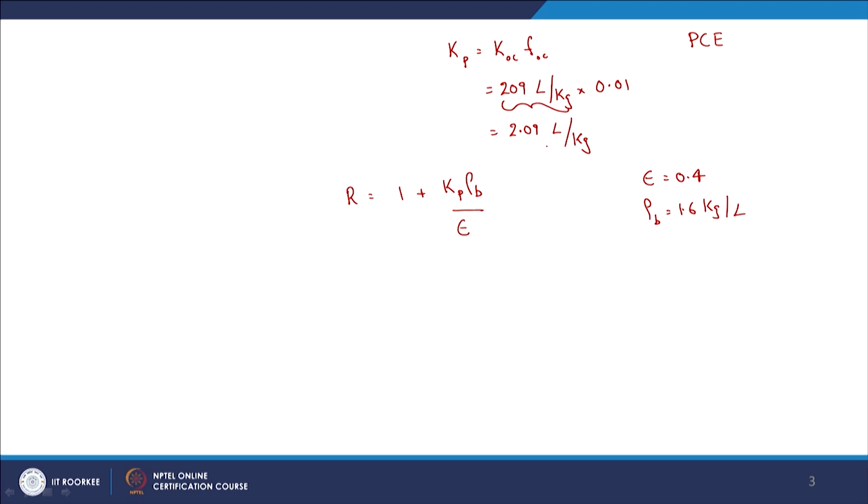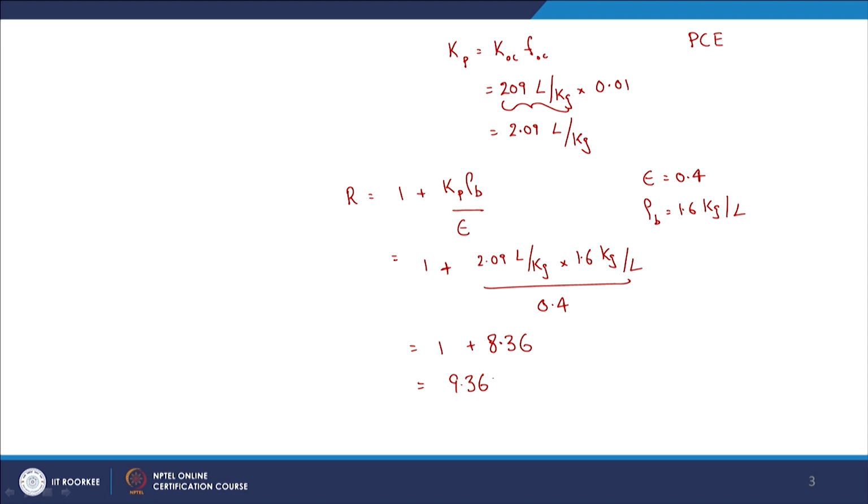Now I am going to plug these values in. So, 1 plus 2.09 liters per kg into 1.6 kg per liter by the porosity 0.4, and what do I end up with? 1 plus 8.36, right. This is equal to 9.36, obviously.